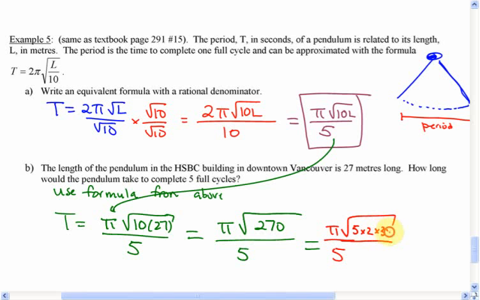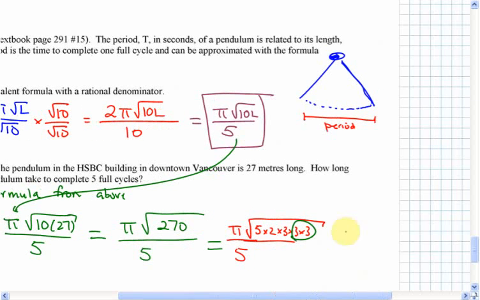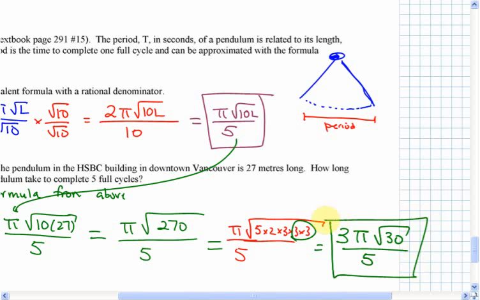Now can you actually simplify this? A lot easier. Any pairs here? See a pair of 3. So I'll take that out. That becomes 3 pi. What's left over on the inside? 5 times 2 times 3, which is 30. Good. Over 5. There you go.